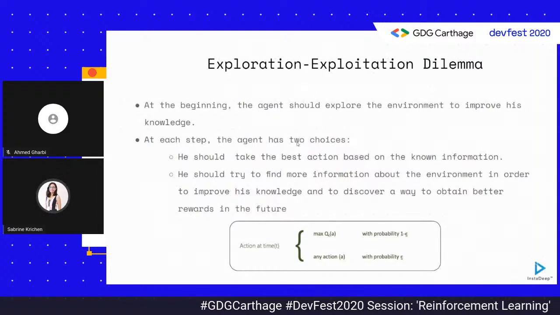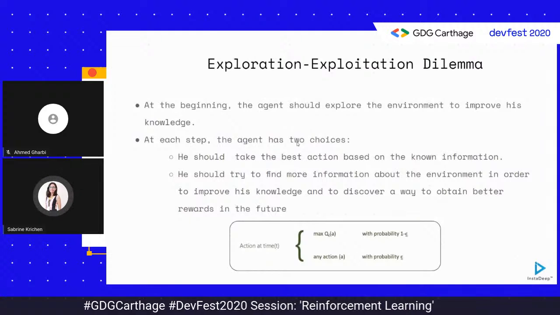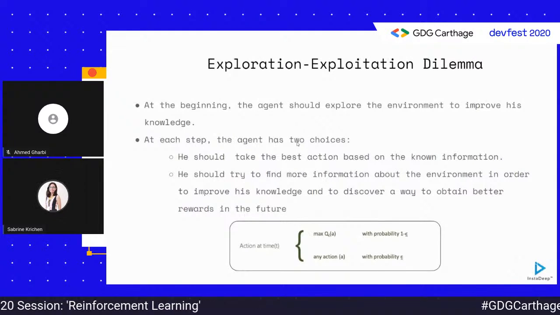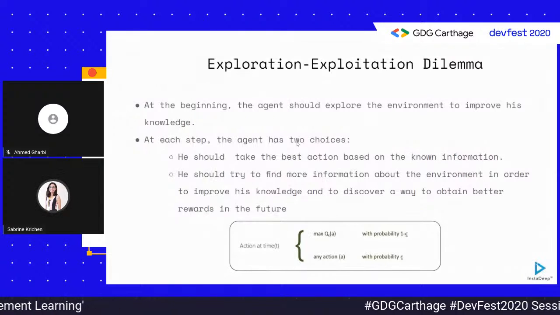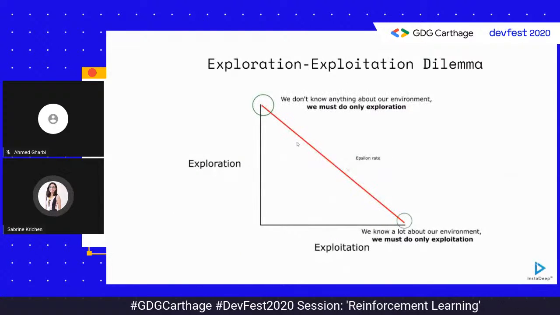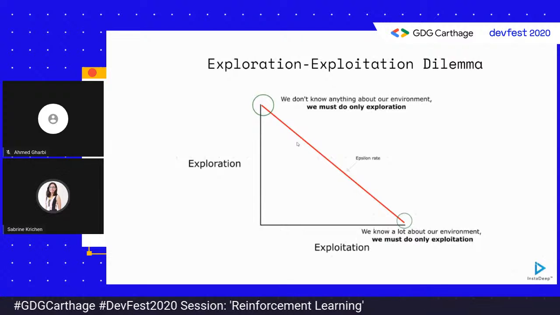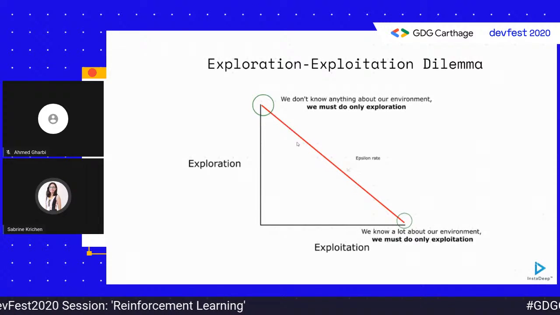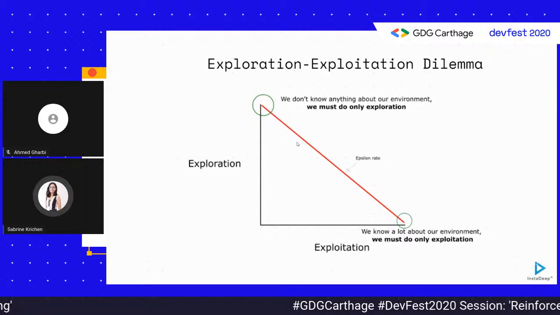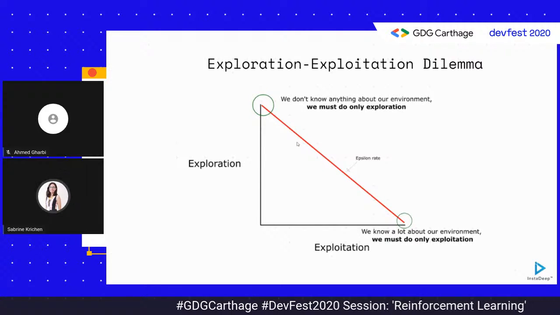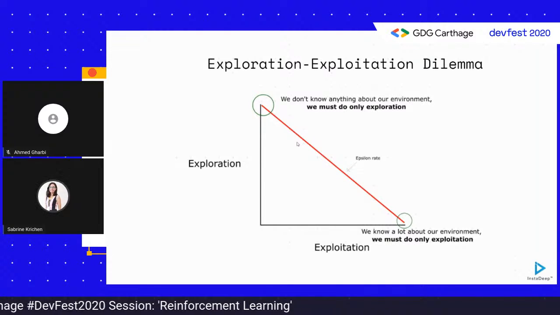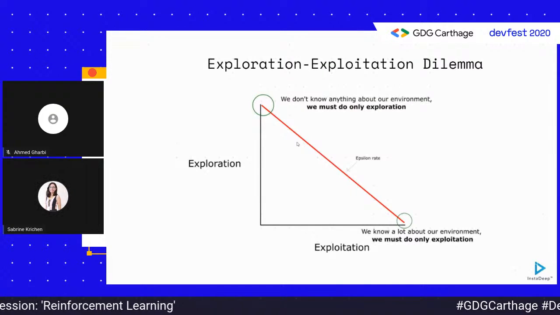But how are we going to choose this value of epsilon that will help the agent to explore and do the exploitation in the environment? So, at the beginning, as we said, the agent knows nothing about the environment, so he really should do a lot of exploration and choose many random actions in order to explore the environment.